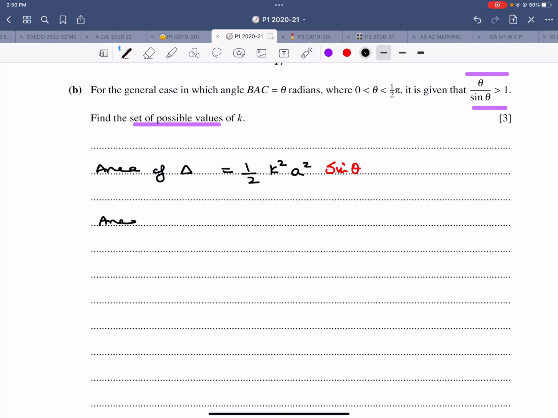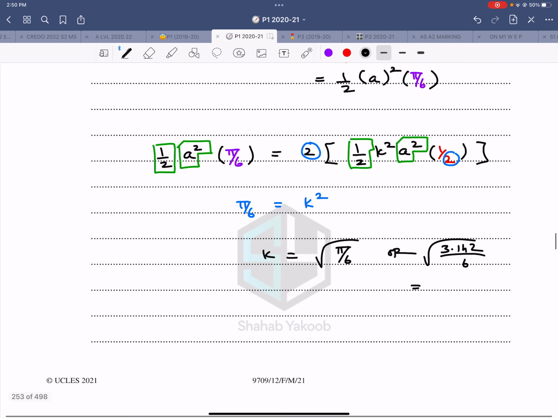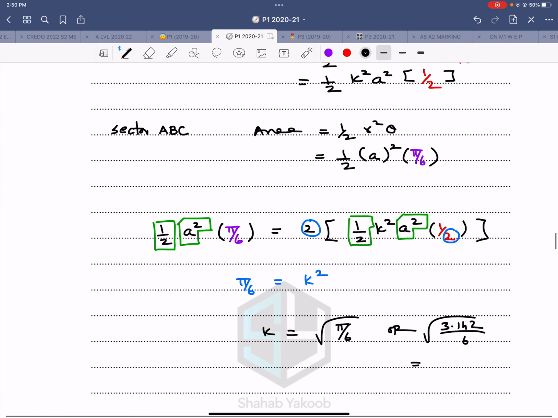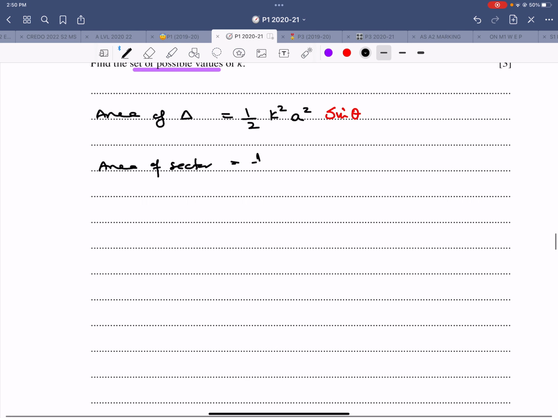Area of the sector is half a square pi by 6. That is half a square, and instead of pi by 6, it's theta. Getting the idea? Instead of sine pi by 6, this is sine of theta.